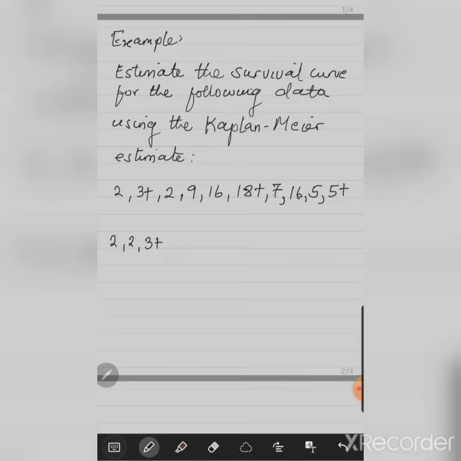Then we have 5, 5 plus, then 7, 9, two 16s, and 18 is the last observation, and it's censored.